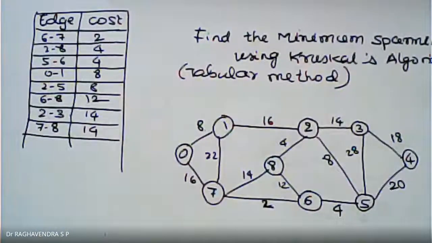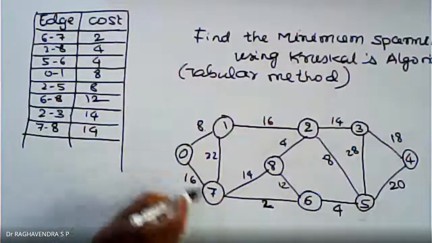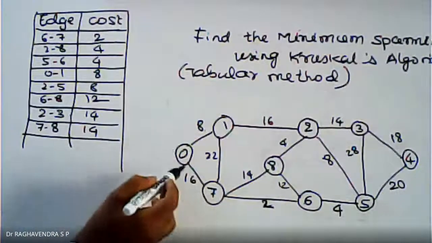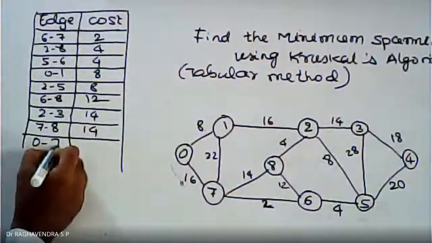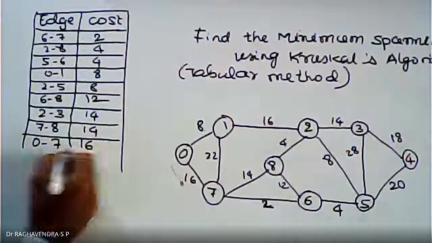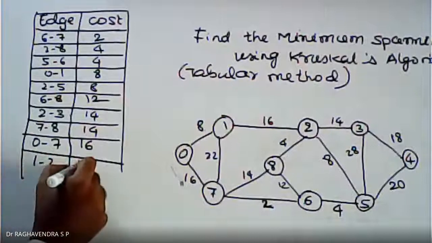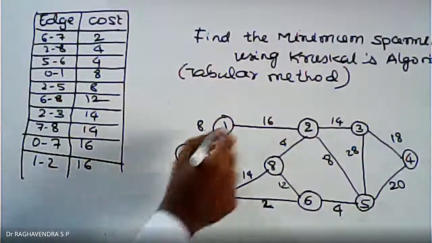Next, 0 to 7, 16, and 1 to 2, 16. Very good.